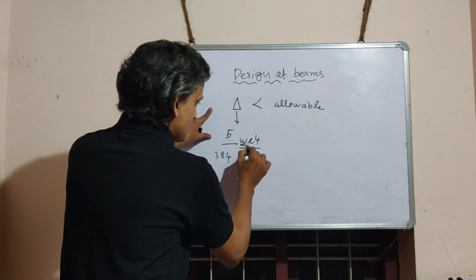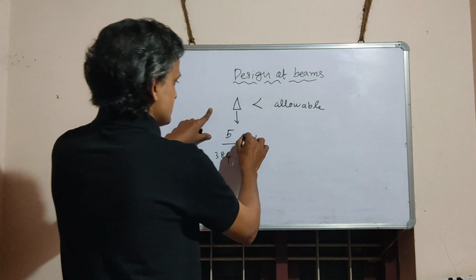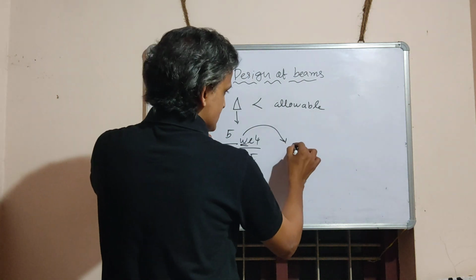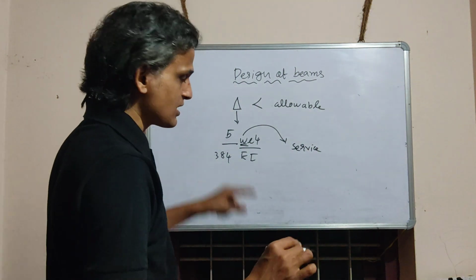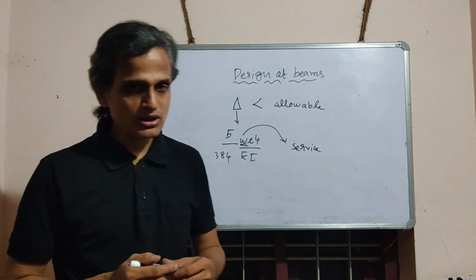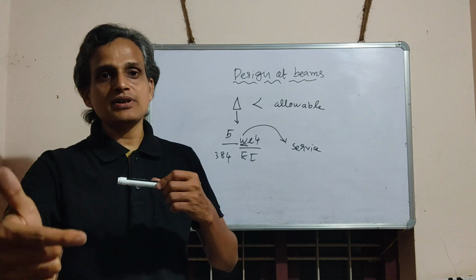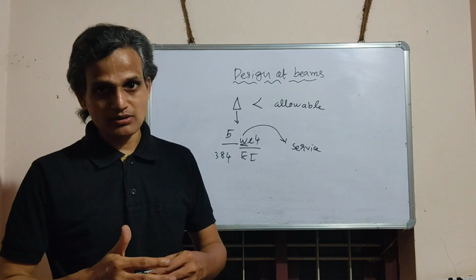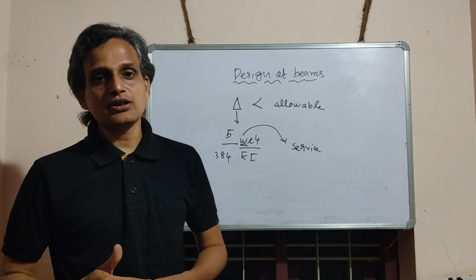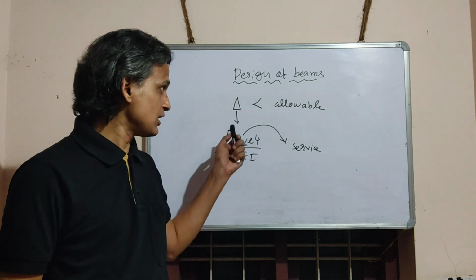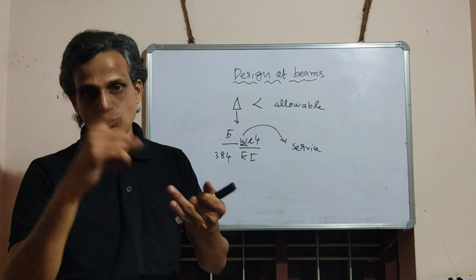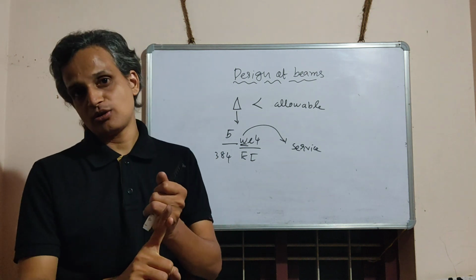This term W is not ultimate load, this is service load only. What is the difference between ultimate load and service load? Service load multiplied by 1.5, that is the load factor, gives the factored or ultimate load. When we are calculating bending moment, shear force, all those things, we have to use factored load.